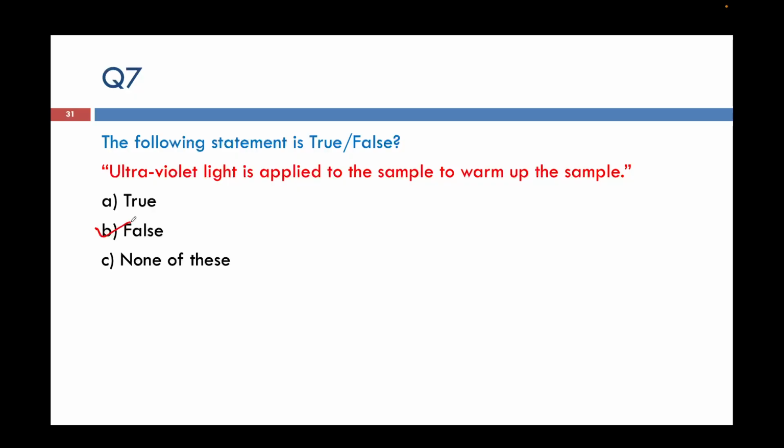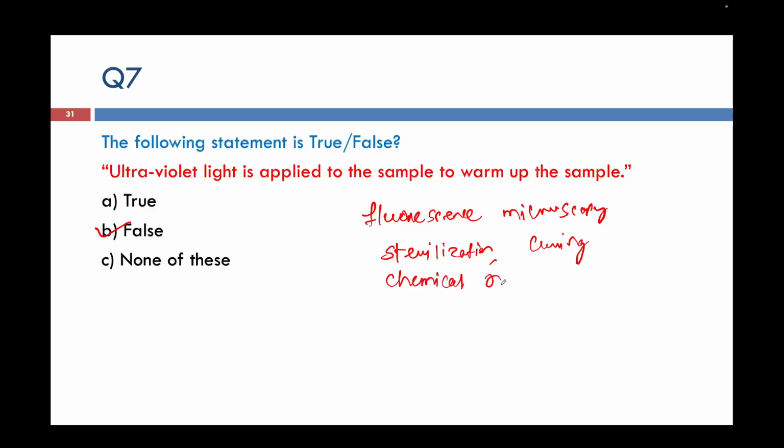Why? Because UV rays are not used to heat up a sample. UV is generally used for other purposes, one of which is fluorescence microscopy. It is also sometimes used for sterilization, for curing a sample, and to initiate certain types of chemical reactions.